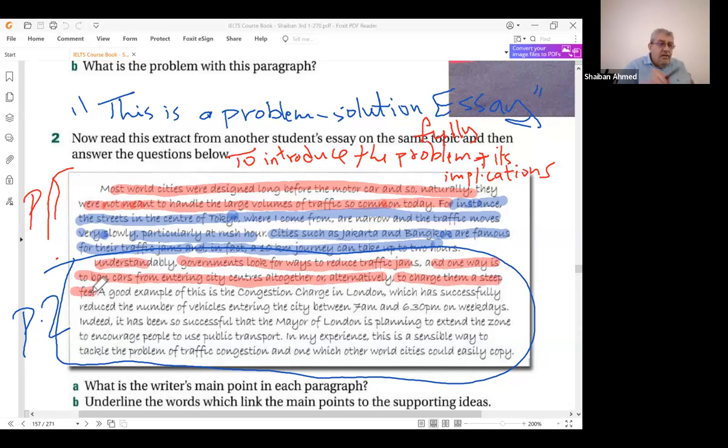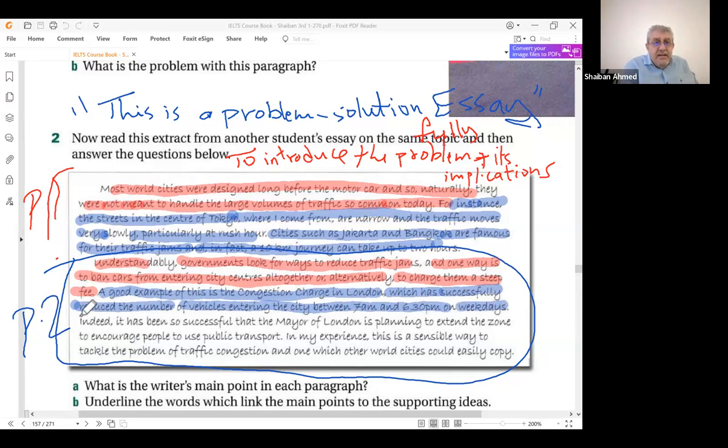Here, yes, how? To stop, to ban, or to pay, and you get into the city. Example, supporting example. A good example of this is the congestion charge in London, which has successfully reduced the number of vehicles entering the city between 7 a.m. and 6:30 p.m. on weekdays.